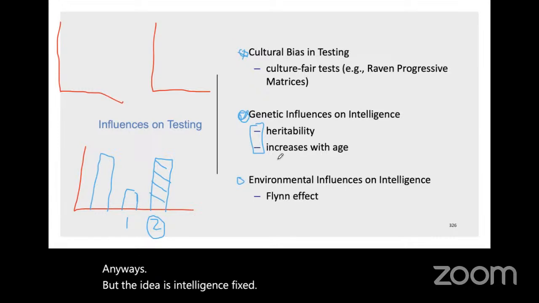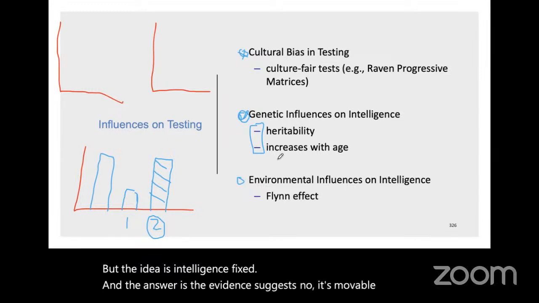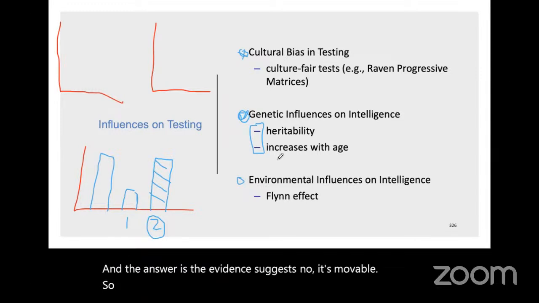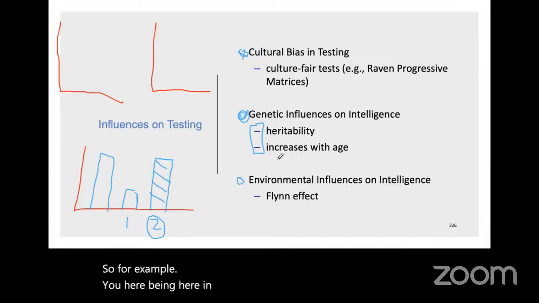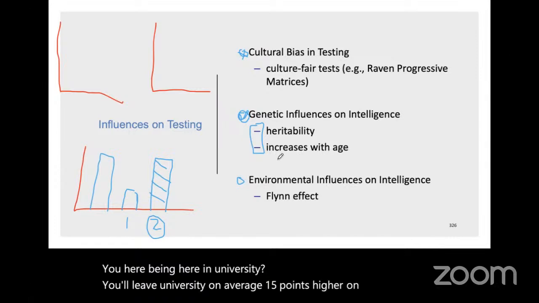And the answer is the evidence suggests no, it's movable. Okay, so for example, you being here in university, you'll leave university on average 15 points higher on intelligence tests.